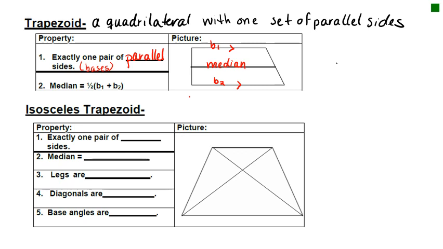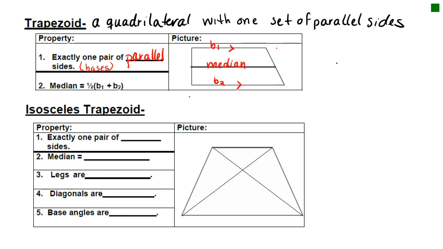For instance, if base 1 is 10 and base 2 is 20, I can do 1/2 of 10 plus 20, which is 30, which would make the median 15. It's basically finding the average of those two lengths.